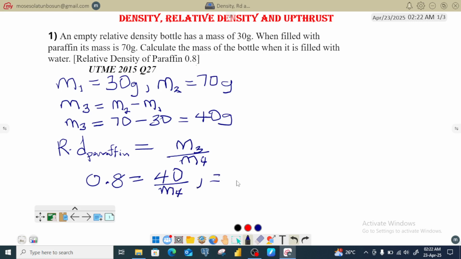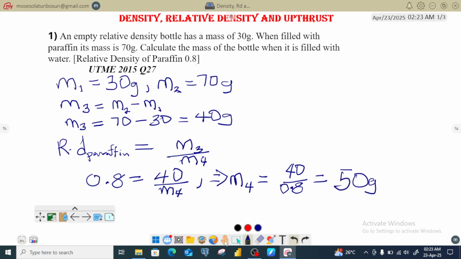So our M4, which is the mass of equal volume of water, will be equal to 40 over 0.8 mathematically, by making M4 the subject of the formula, and this will definitely give us 50 grams.